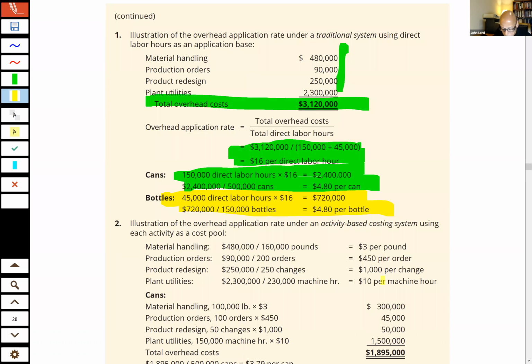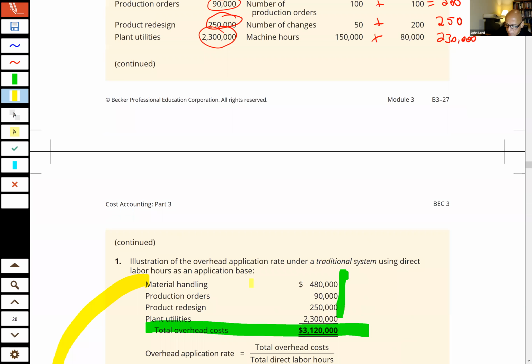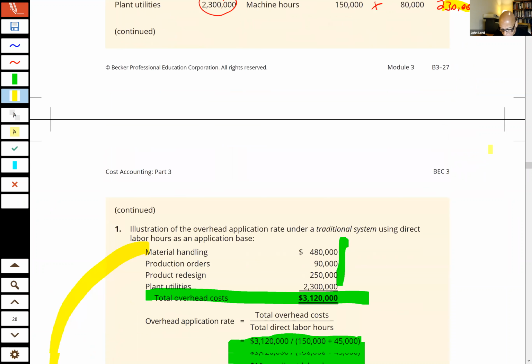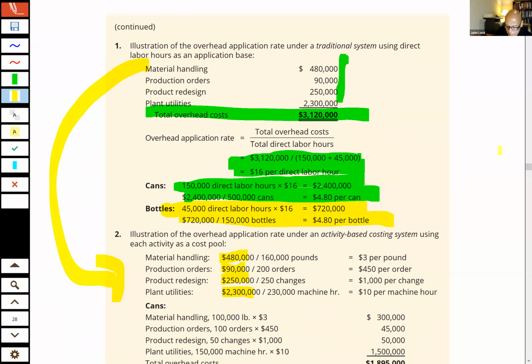Now, what they do instead is they take these numbers up here, okay, the 480, the 90, the 250, the 2.3, and then they divide it by the amount of activity for each one of these activities, the 160, the 200, the 250, the 230, okay? And when they do that, they come up with what? With multiple rates, depending on the activity.